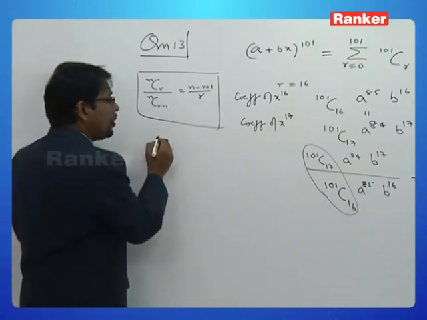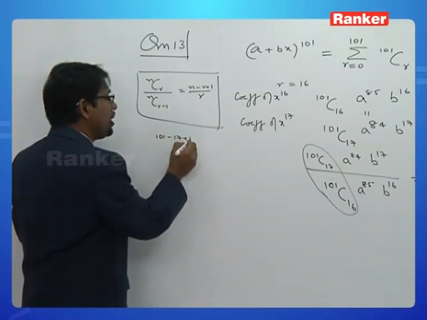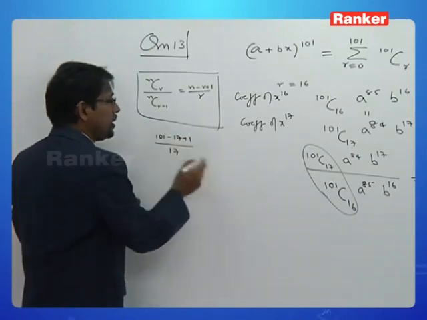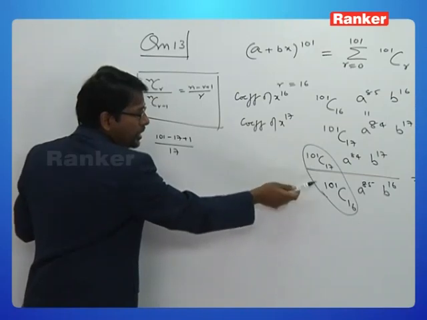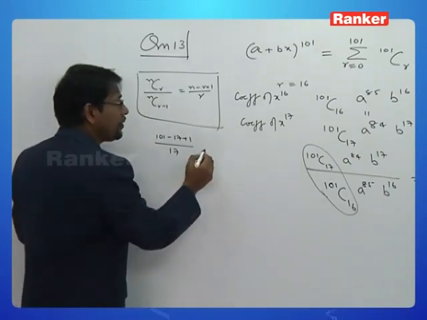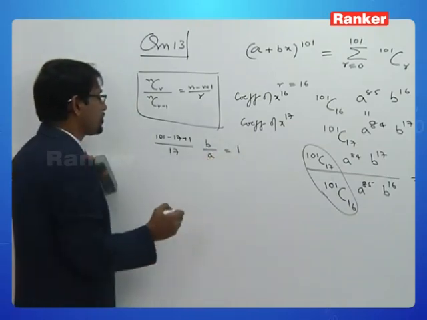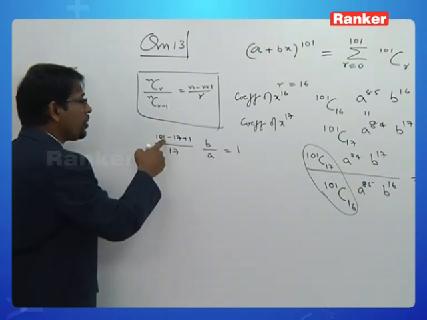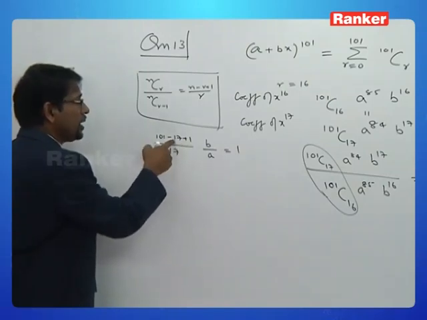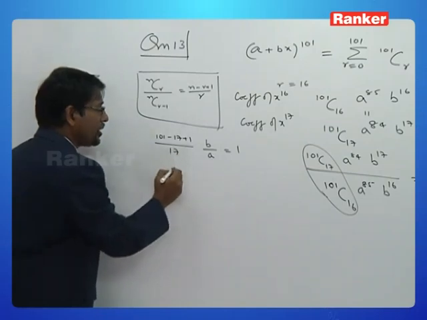Therefore, 101 minus 17 plus 1 by 17 is 101 C17 by 101 C16. So we have that. And what do we have here? b by a, that is equal to 1 there. What does this come out to be? 102 minus 17, that makes it 85 by 17.